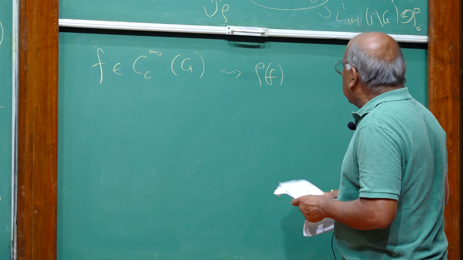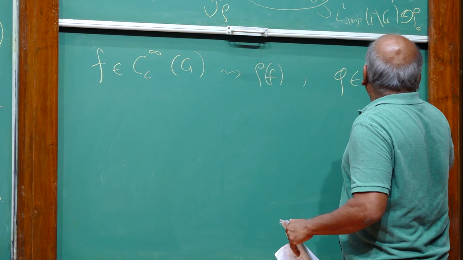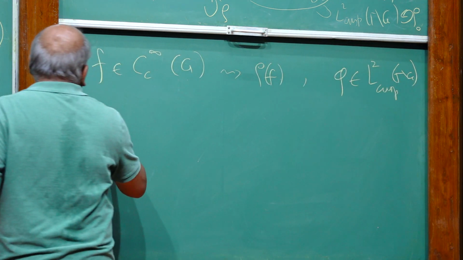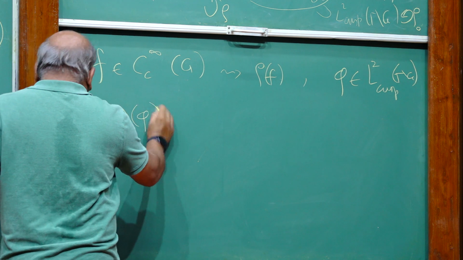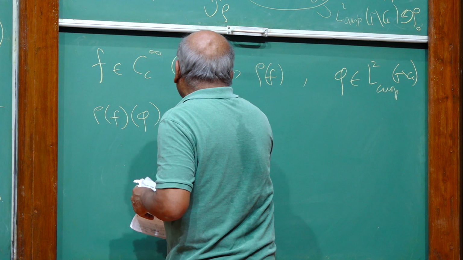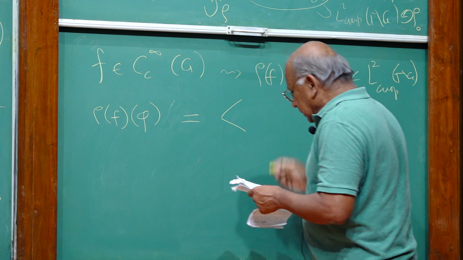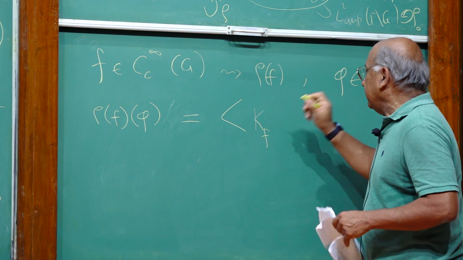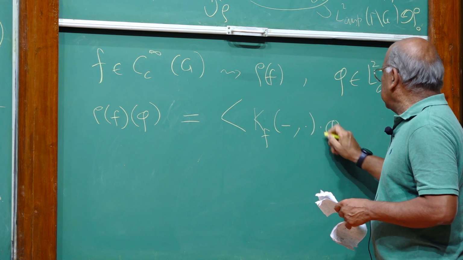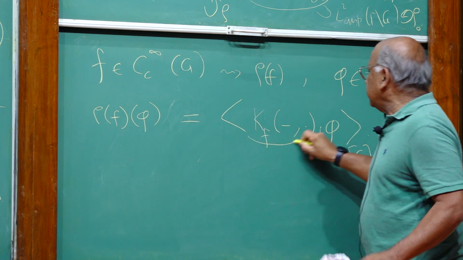So let's take phi in L2 cusp of G mod gamma, then rho f of phi, if you want to evaluate it at some x, is given formally by a pairing between the kernel and phi.